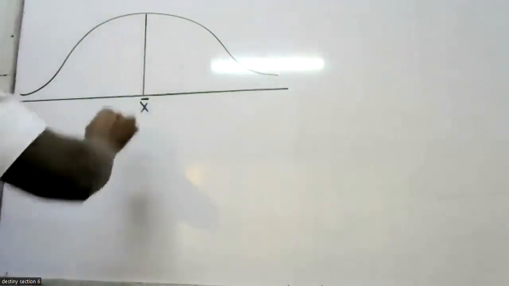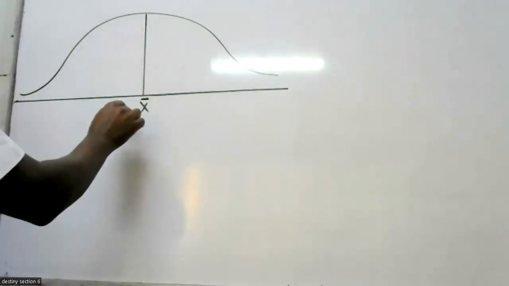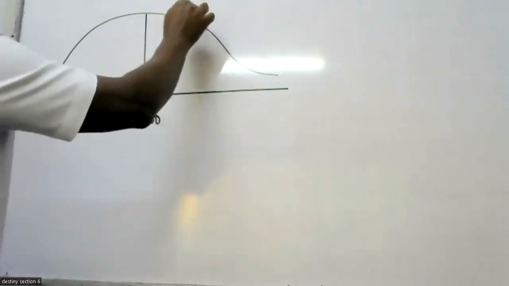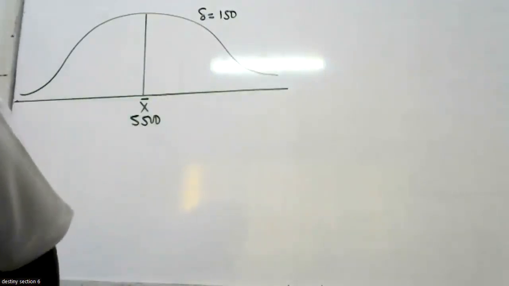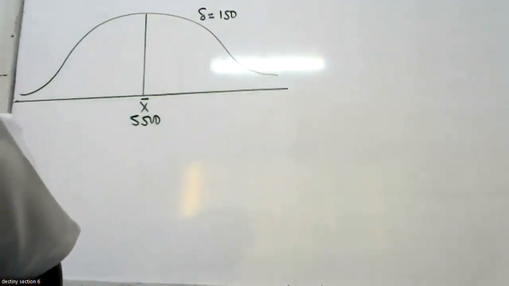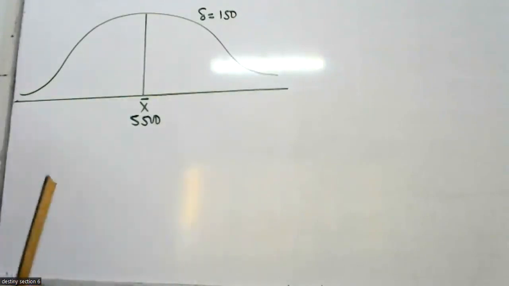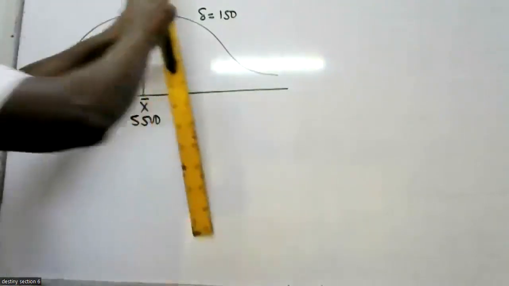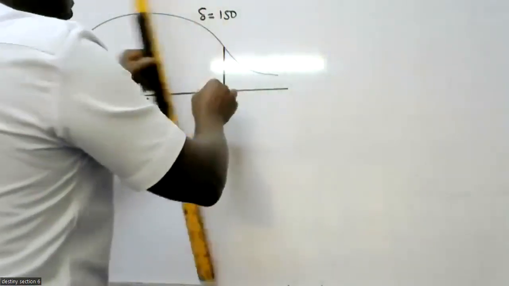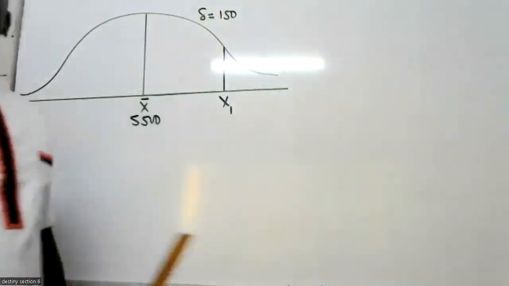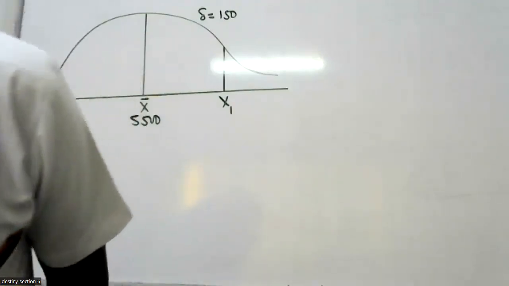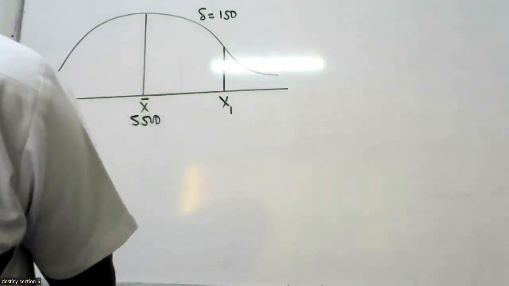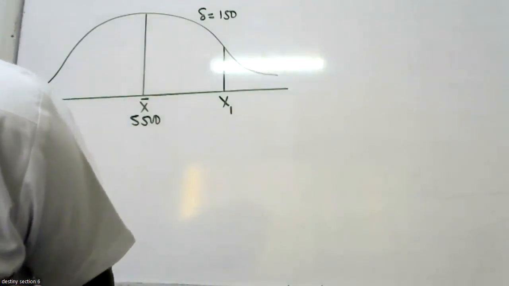This is the mean of 5,500 and the standard deviation is 150. Now, we are told they do not want to pay interest to more than 5% of its customers. So you pay interest to those with the minimum balance or more.